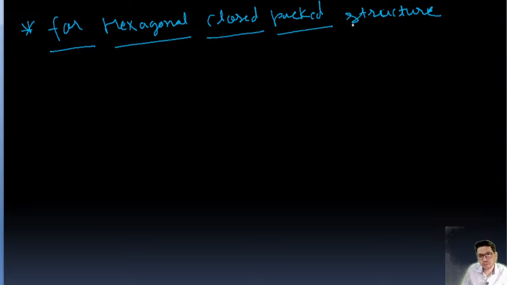For hexagonal close packed structure, the d_hkl value is going to be, this question is asked in CSIR NET as well, guys. Very important.